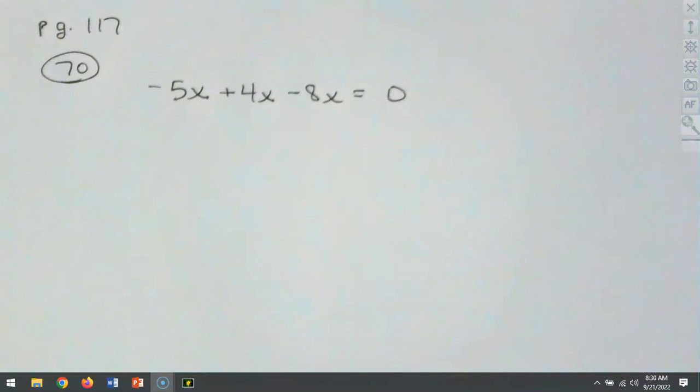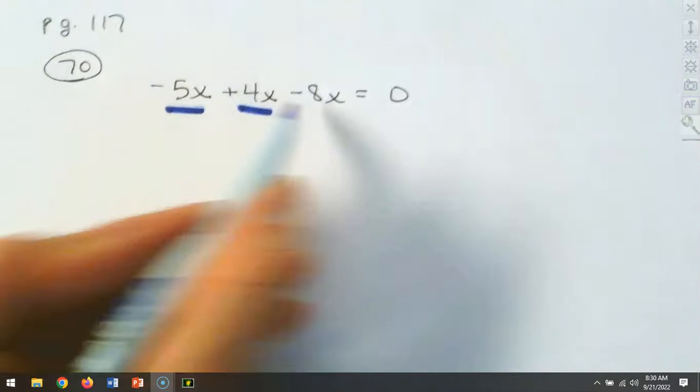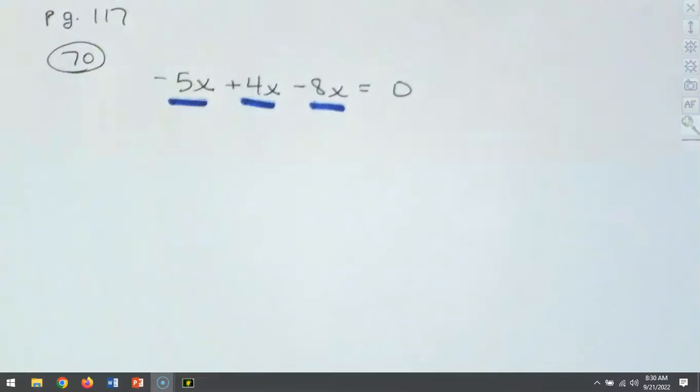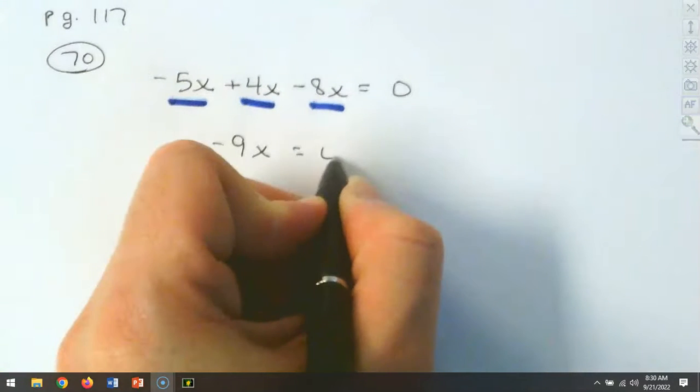So the first thing we do before we divide is we look on the left and we look on the right. We look at each side and we see what we can combine together. Well, if we look on the left-hand side, these are x's, and these can all go together. So we have a minus 5, positive 4, that makes it a minus 1, minus 8 makes it a minus 9x, and that equals 0.